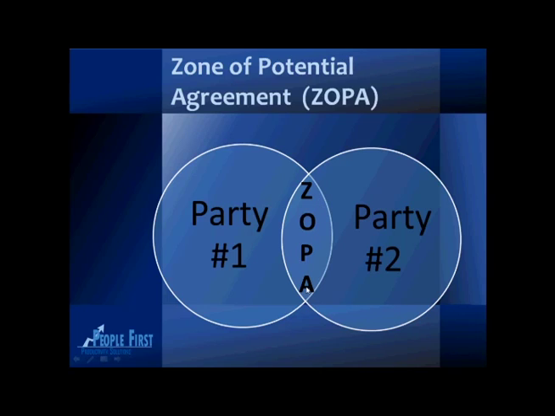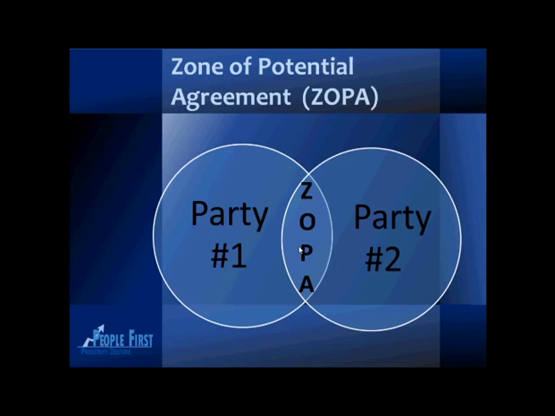Now, this could be as simple as just an overlap between reservation prices. The reservation, also called the walkaway price, is something that you should predetermine before you go into the negotiation. It is the minimum amount that you would be willing to accept the other party paying to you, or said differently, it's the maximum amount you would be willing to pay in a negotiation.